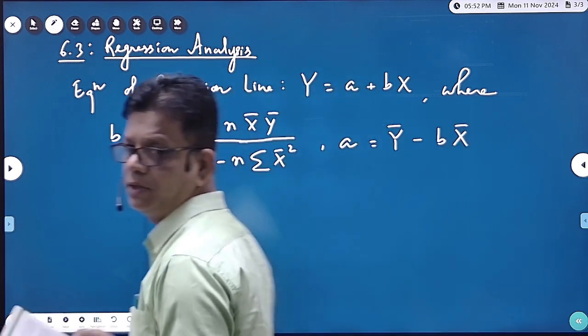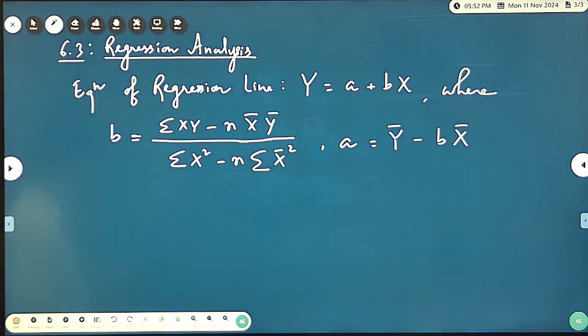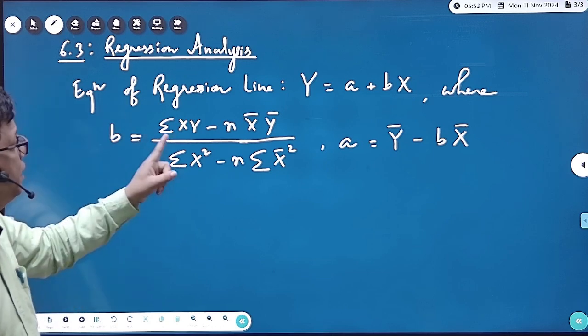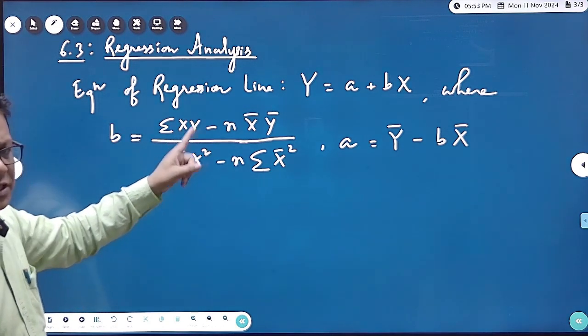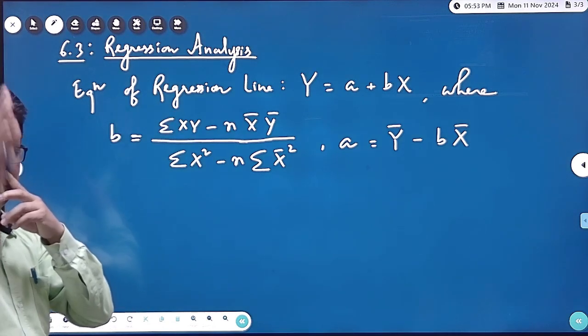So the regression line is obtained by using these two constants a and b, and after getting a and b we just have to put them in. Now see the formula, it's not difficult. I continue here itself. I am not going to explain the next topic. To get the regression line, x and y will be there only. X is the first quantity, y is the second quantity.